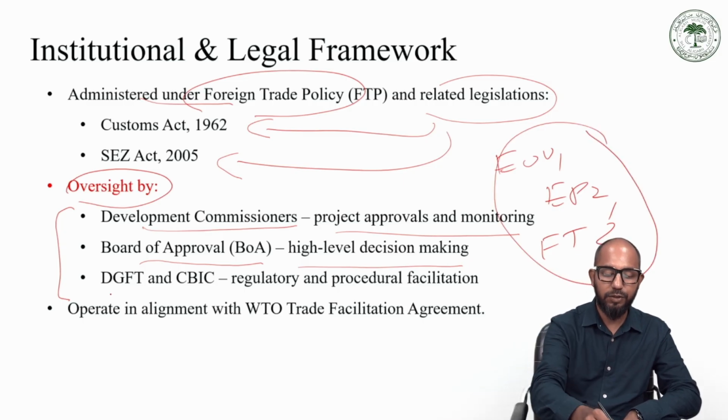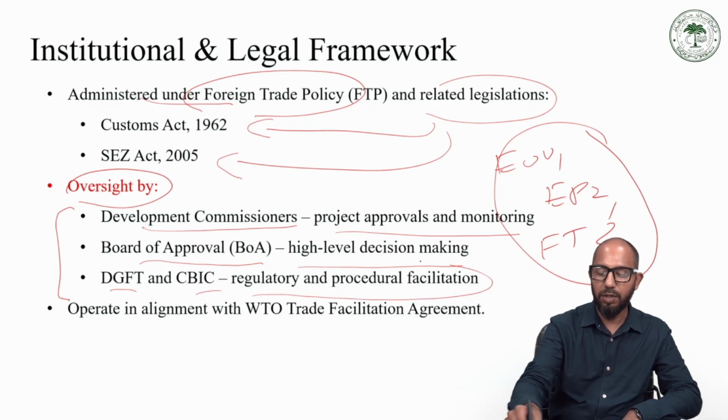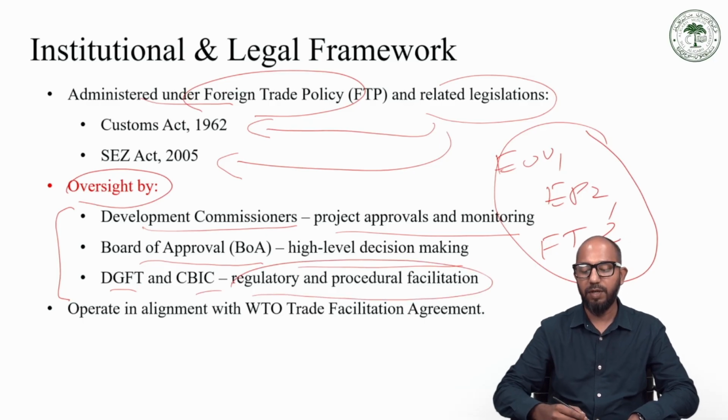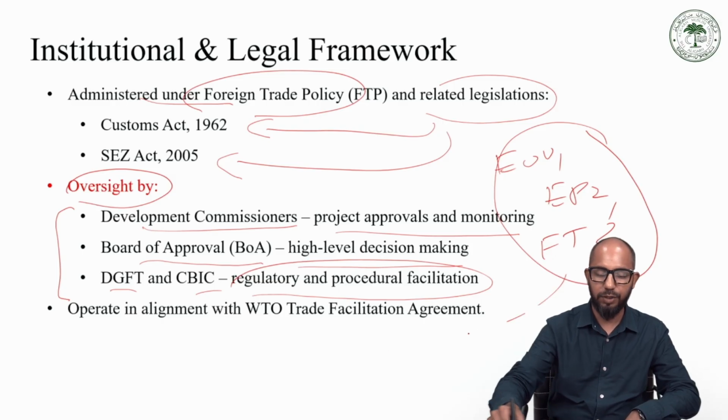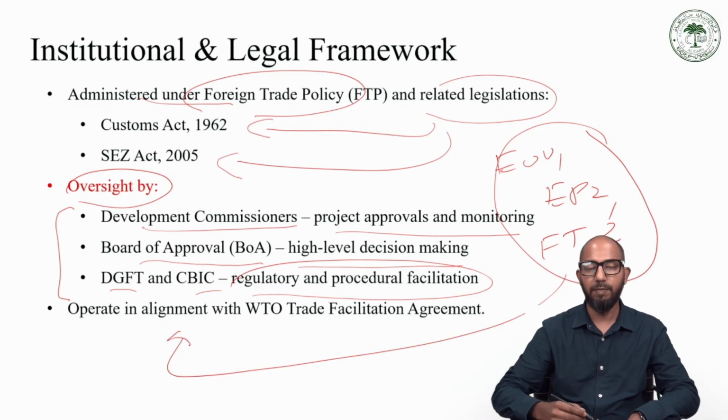The Directorate General of Foreign Trade and CBIC take into consideration the regulatory and procedural facilitation. All these units operate in alignment with the World Trade Organization's Trade Facilitation Agreement.